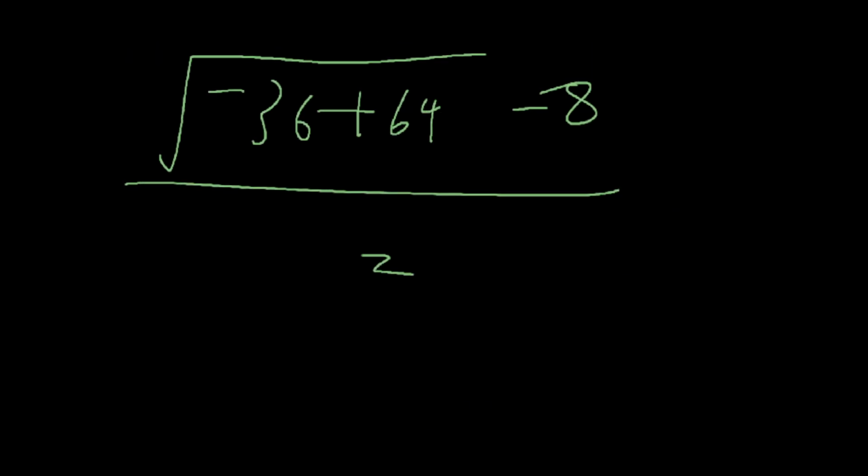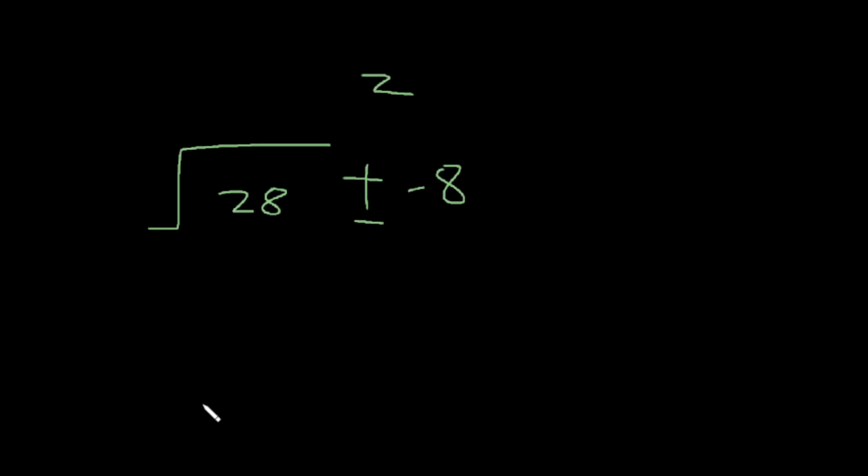This becomes 28, so that's square root 28 plus or minus negative 8 over 2. Wait, no, it should be plus or minus over here, my bad.